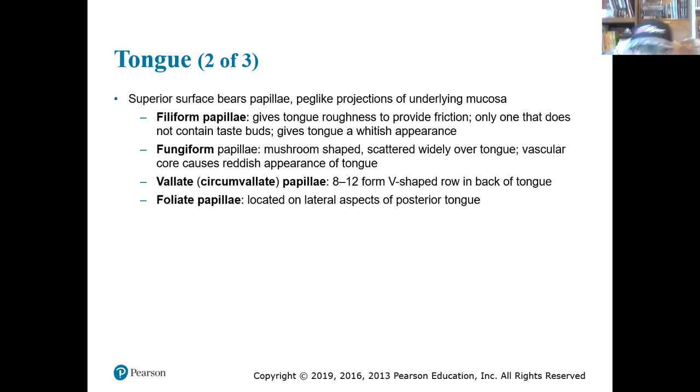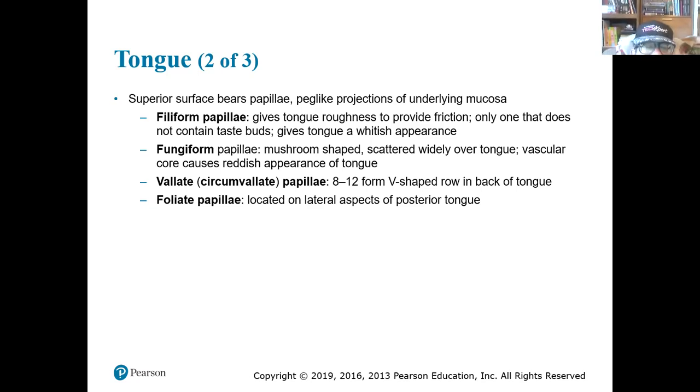These make the tongue rough and provide friction, to hold on to the food. They are the only one of those papilla types that don't have any taste buds. They're what give a white appearance. They are what cats have huge numbers of, where they can lick their fur and brush their fur with their tongue. So that's a filiform papilla.